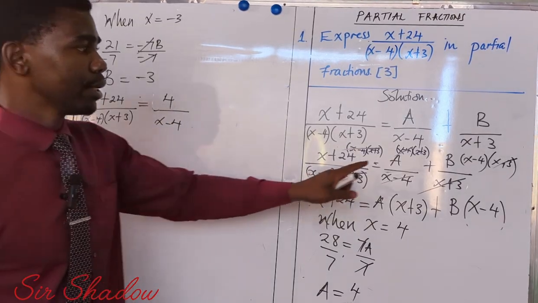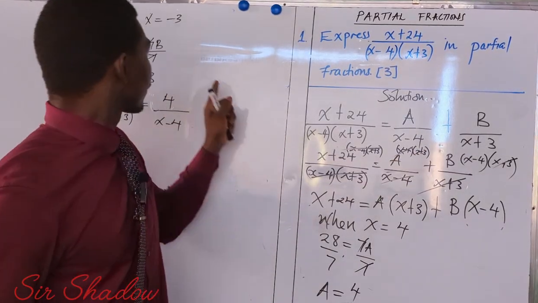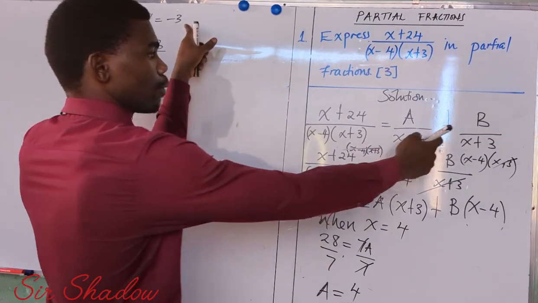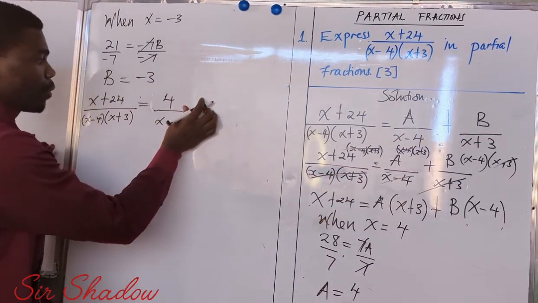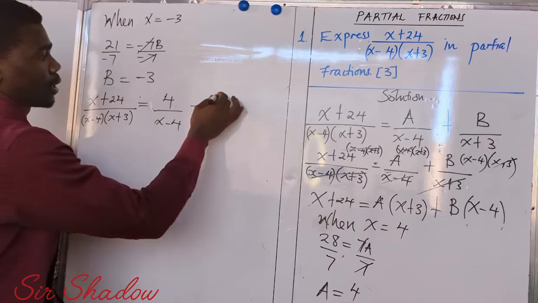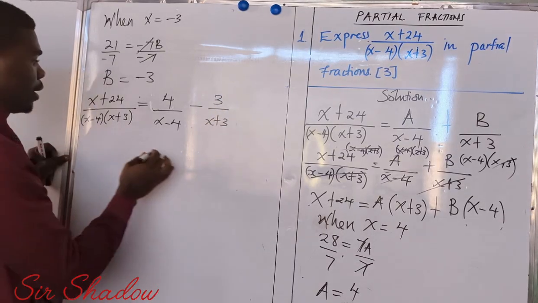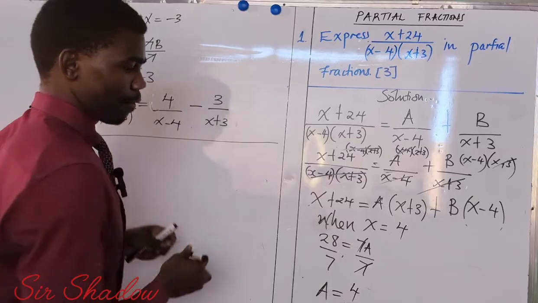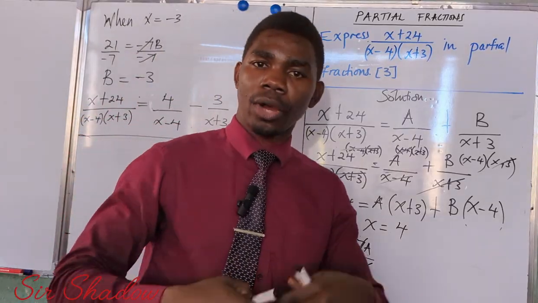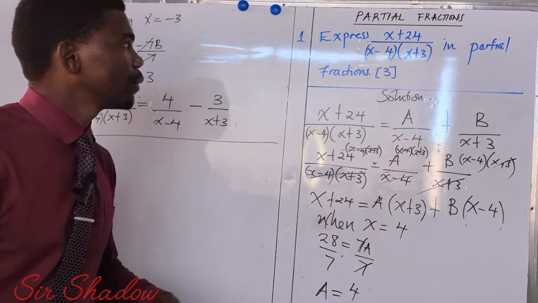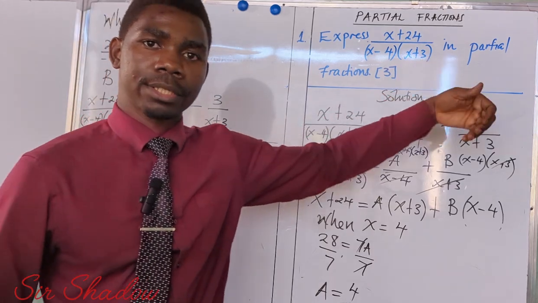Then the value of b is negative, but this negative will affect this positive to come up with negative 3 over x plus 3. This becomes the final solution on what we are supposed to do whenever we're dealing with partial fractions.